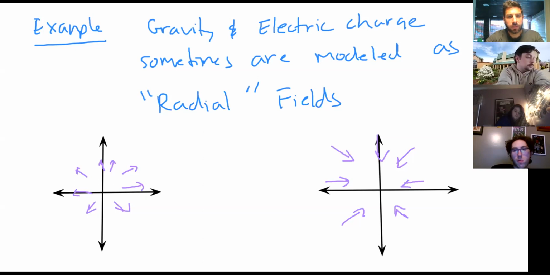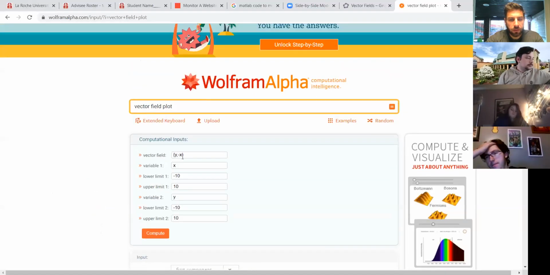Built-in functions. I don't know, I'll have to figure it out. Look, they do have one. Let's just show you real quick. If you just Google Wolfram vector field plot, you can do it.